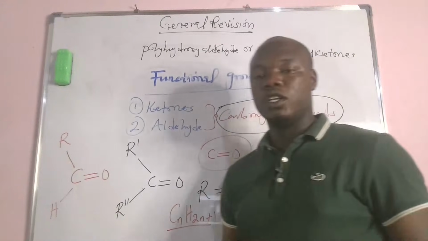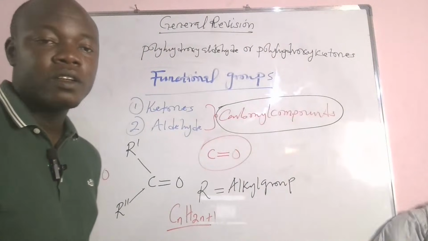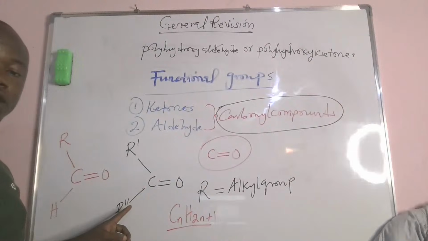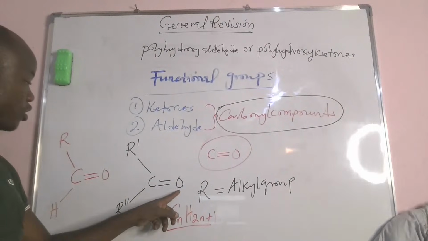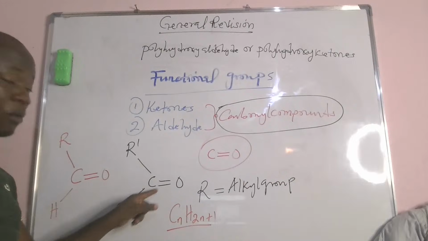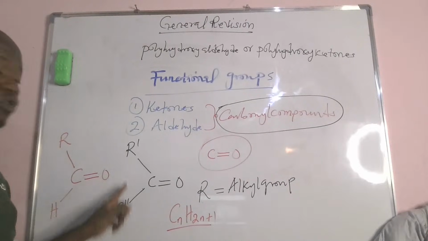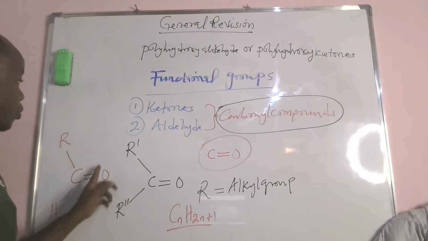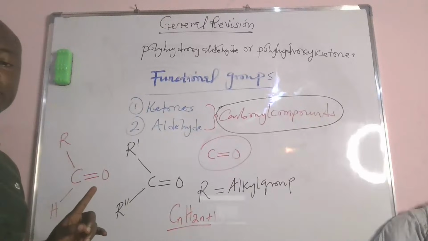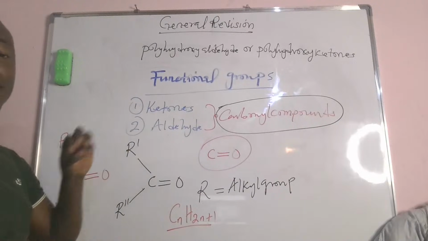Ketones have a carbon to oxygen double bond, which is called a carbonyl group, and the carbonyl carbon has two different alkyl groups attached to it. But in the case of aldehyde, the carbonyl carbon has a free hydrogen. So that is the difference between aldehydes and ketones.